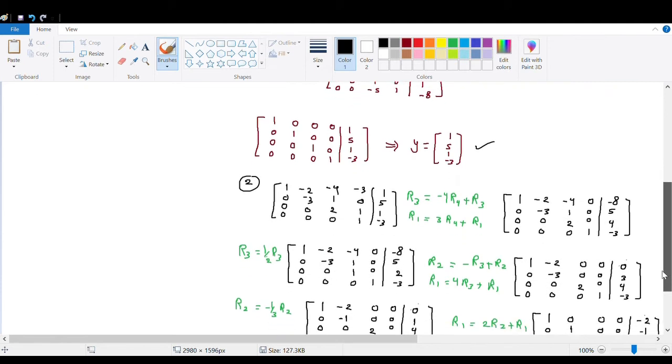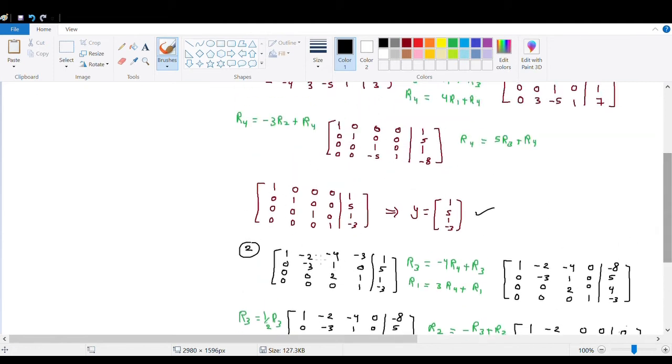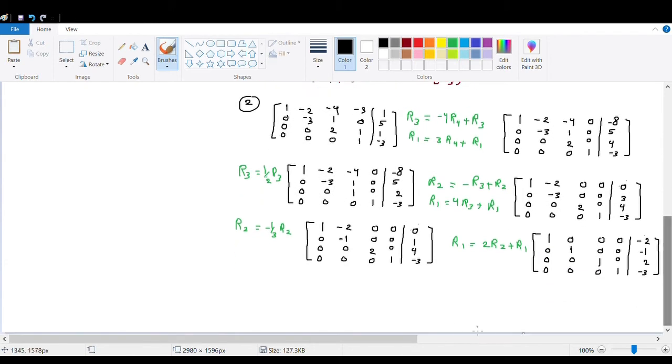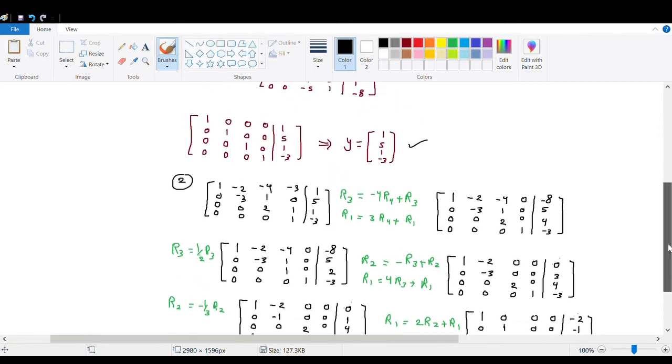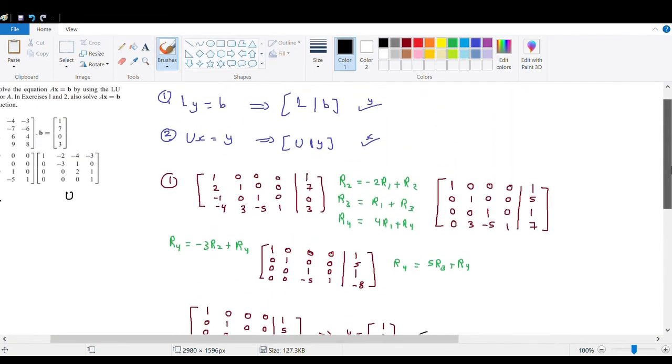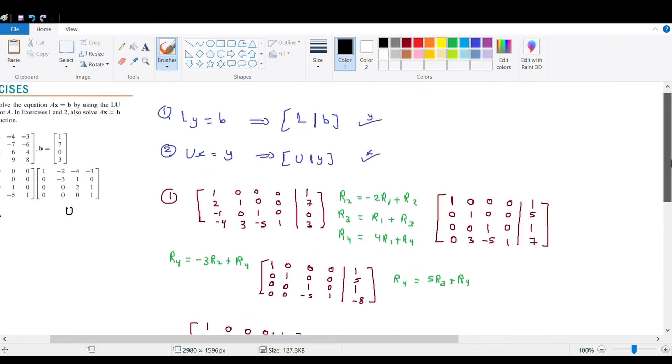After doing this, we finally reach this form. From here we conclude that our x is [-2, -1, 2, -3]. You can check the answer by solving Ax = b, using row operations to reduce the matrix A to reduced echelon form, and you find x.